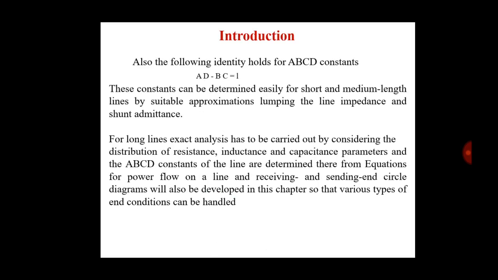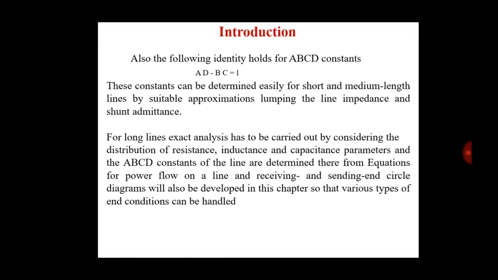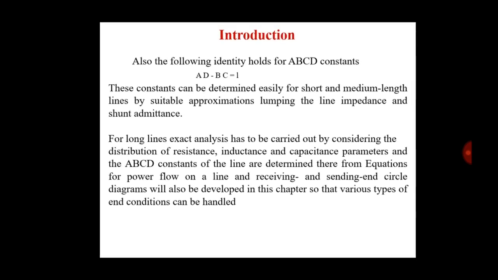Now also the following identity holds for ABCD constants: AD minus BC is equal to 1. We use this equation for the constants ABCD: AD minus BC is equal to 1.